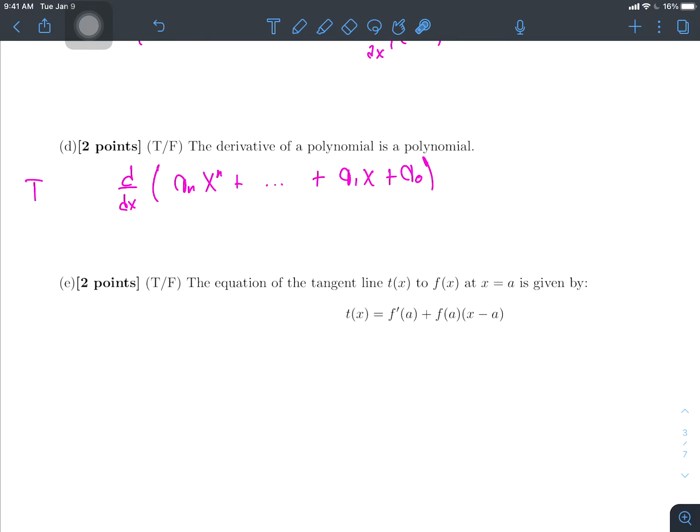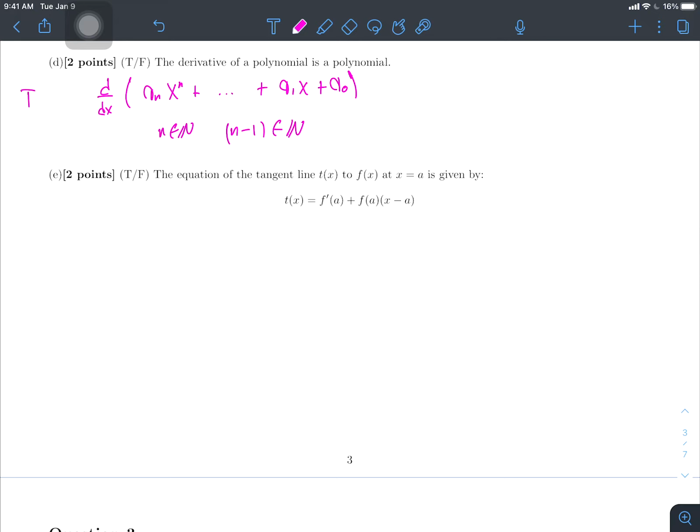And since all of the positive powers of x are integers, if I take n as an integer and I take 1 less than it, 1 less than it is also going to be an integer or a natural number. Okay, so this one is true.